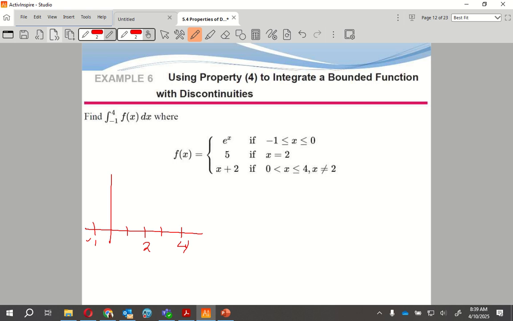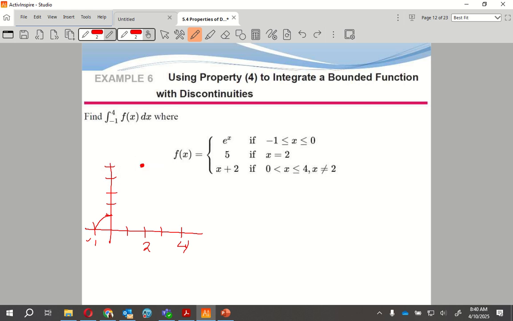From -1 to 0 is e to the x, goes to 1. So that's 1. So that's gonna be like this here, and at 2 it's 5. 2, 3, 4, 5.